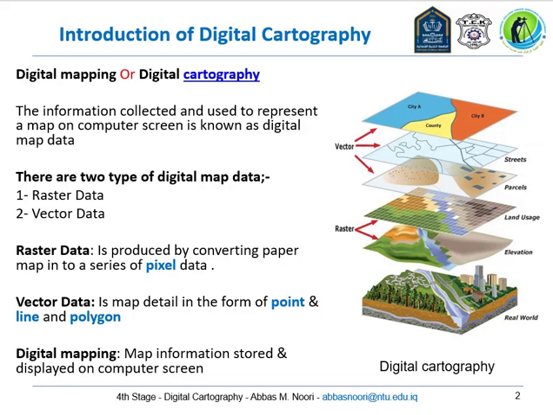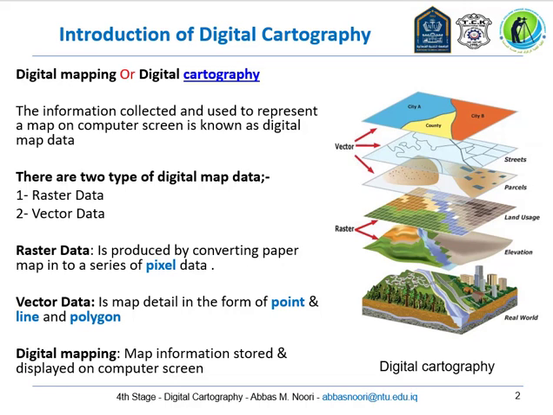When we say raster, we can express it by pixel. Everyone has a camera. The camera takes a picture by the pixel. If the pixel is small, the dimension is small, which is high resolution.